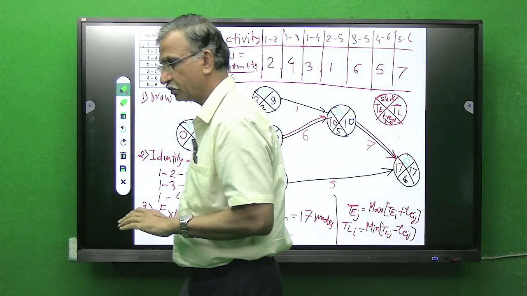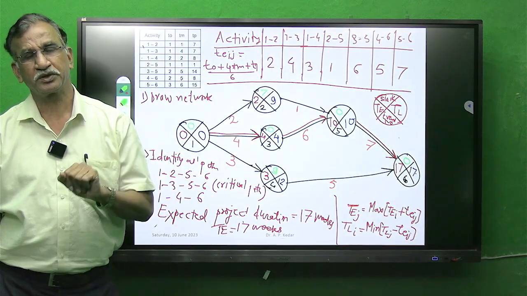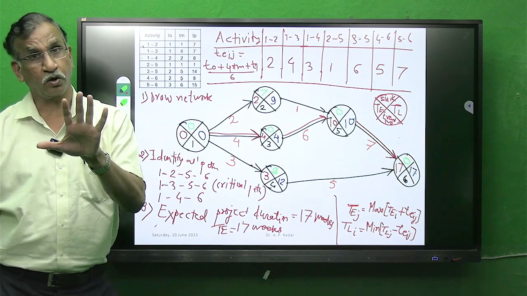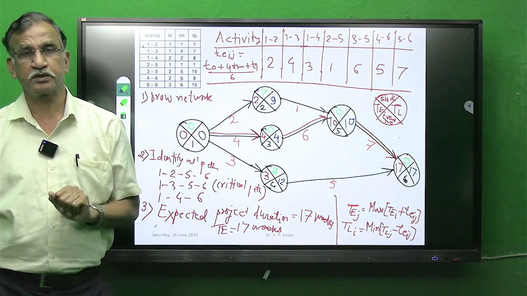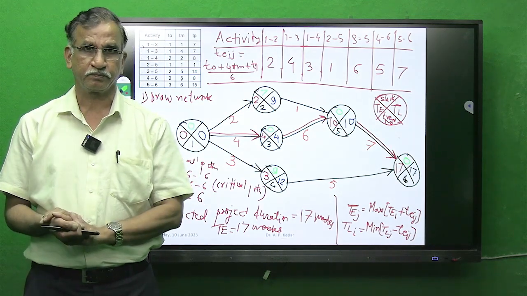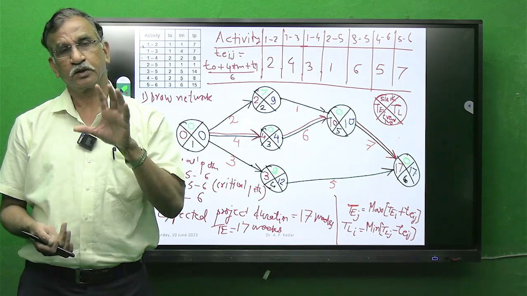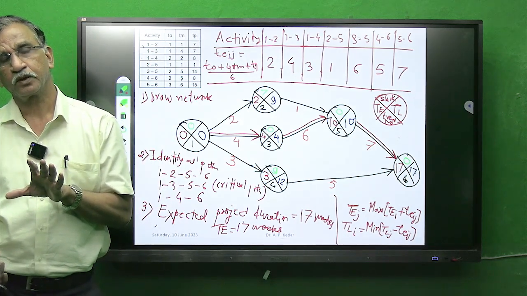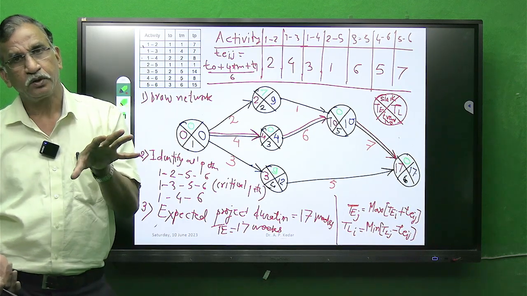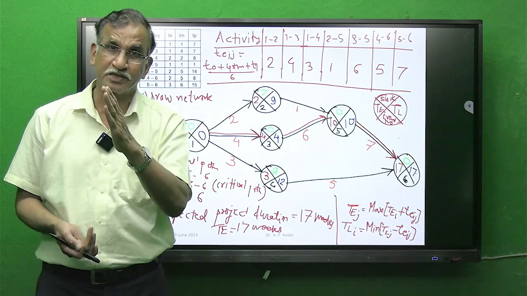Now, simple logic. Suppose one project normally takes 10 weeks and somebody is asking me what is the probability of completing that project in less than 10 weeks. Maybe 8 weeks, maybe 7 weeks. So students, the probability of completing any project before its expected time will be on lower side, less than 50%.